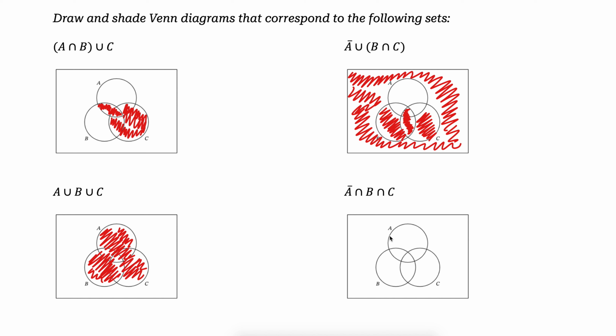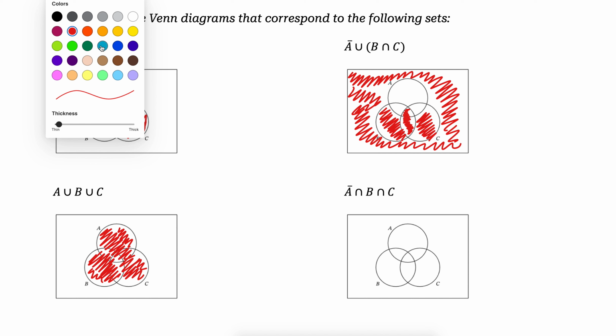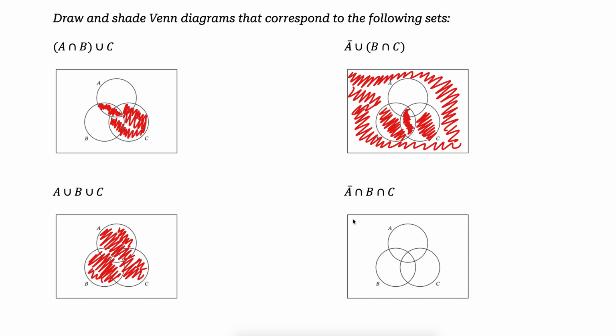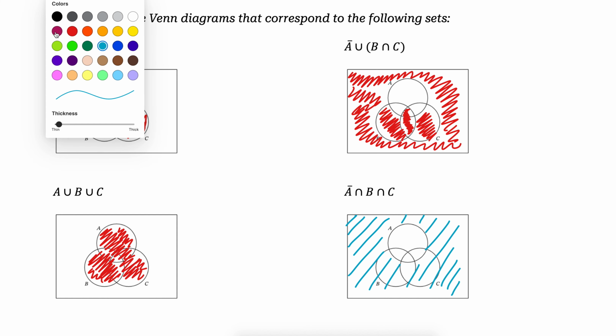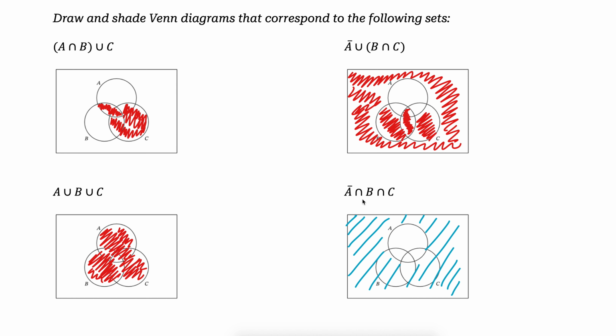So this one is a little trickier. Let me start with the complement of A, and I'm going to go to a different color here. So the complement of A is everything that's not part of A. So all of this. Okay. And then we're going to intersect that with set B. So where does this overlap with set B?